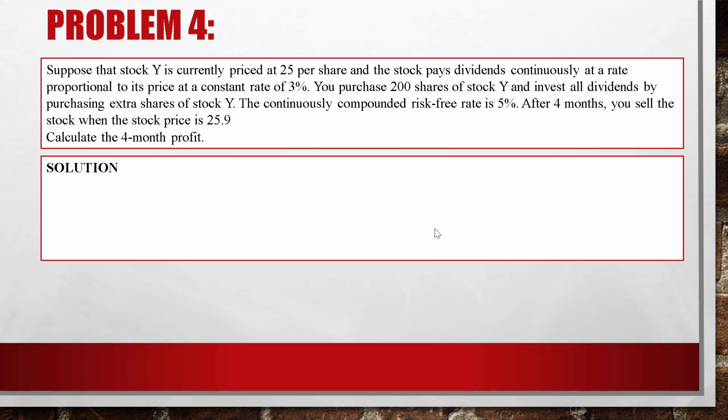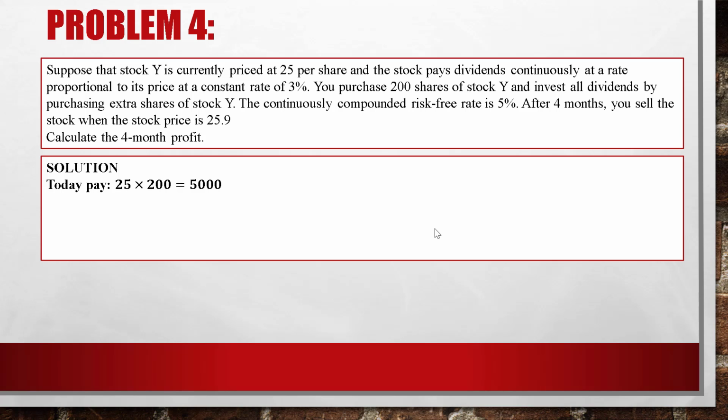So now, at the beginning, when you decide to purchase 200 shares of stock Y, the price was 25. So today, when you buy 200 shares of stock Y, you have to pay 25 times 200, which is $5,000. $5,000 here is the cost to buy 200 shares of stock Y today.